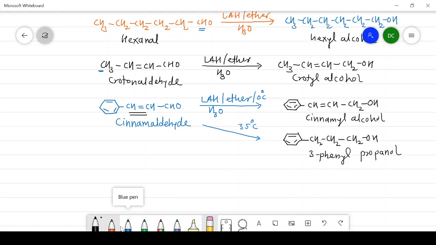So it means that at lower temperature, carbon double bond carbon remains unaffected, but at a higher temperature, this carbon double bond carbon gets changed and it will reduce to the corresponding CH2 CH2.